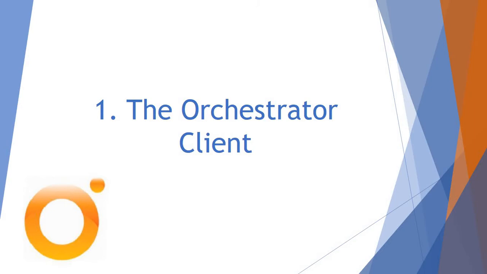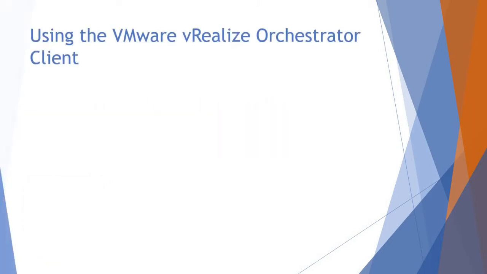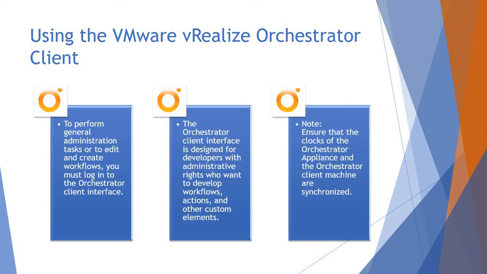Now, let's first have a look at the Orchestrator client using the VMware vRealize Orchestrator client. Now, let's learn how to log in. Log into the Orchestrator client from the Orchestrator Appliance web console. To perform general administration tasks or to edit and create workflows, you must log in to the Orchestrator Client interface.